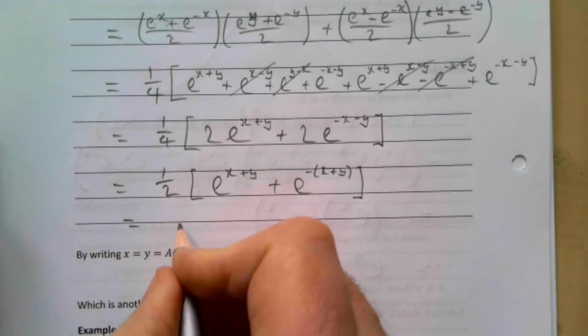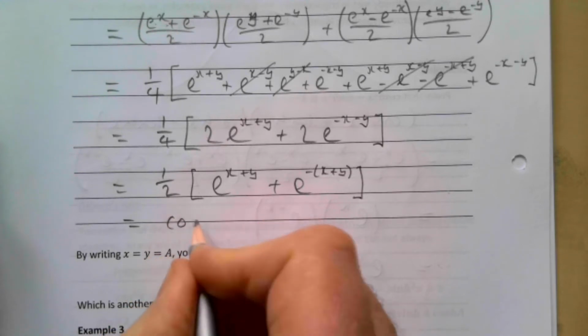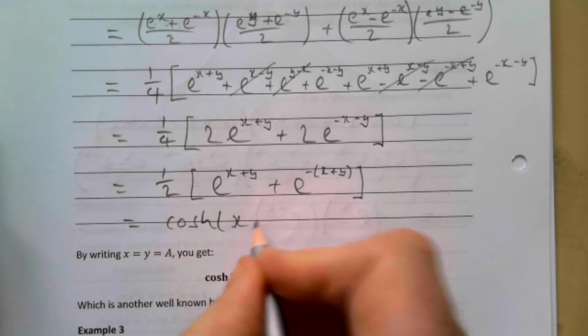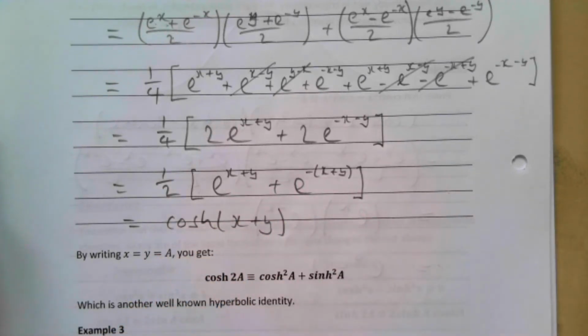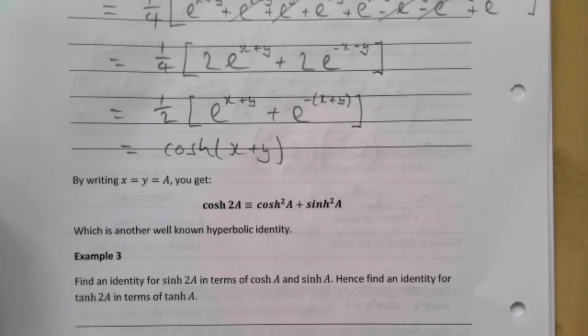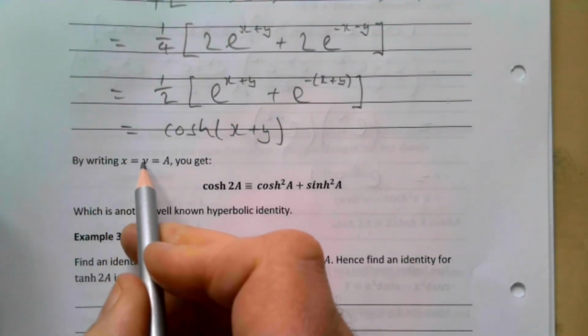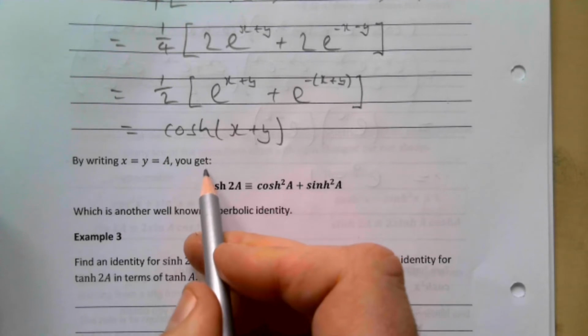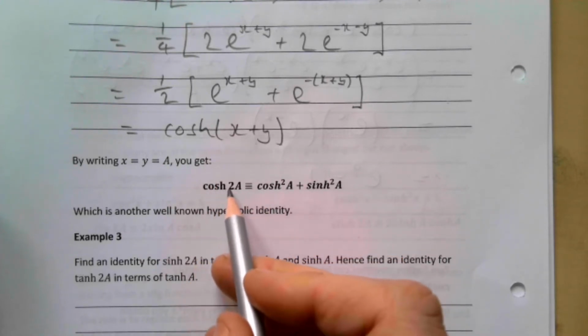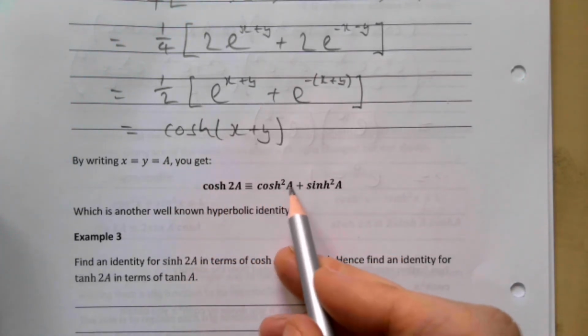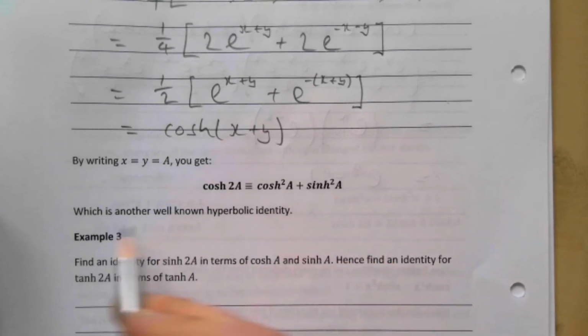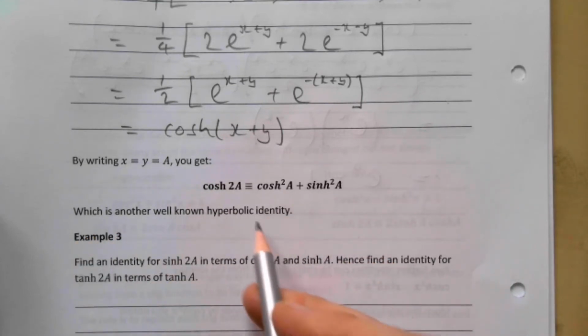And that gives us cosh of x plus y. So that's proven. By writing x equals y equals a, we get our double angle equivalent: cosh 2a equals cosh squared a plus sinh squared a, which is another well-known hyperbolic identity.